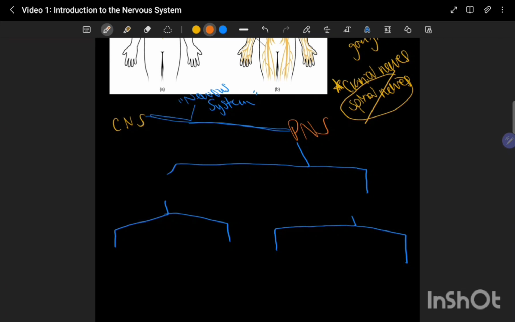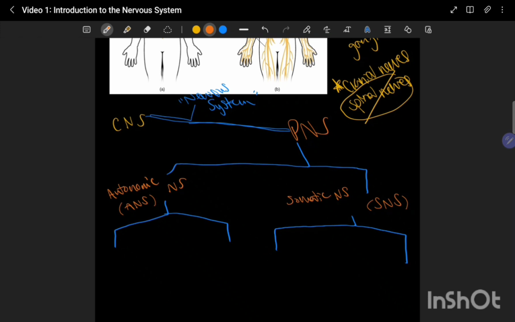So first off, peripheral nervous system will divide into our autonomic nervous system. I'm just going to use NS for nervous system. Sometimes you'll see it referred to as ANS. And then the other option is our somatic nervous system, or SNS.